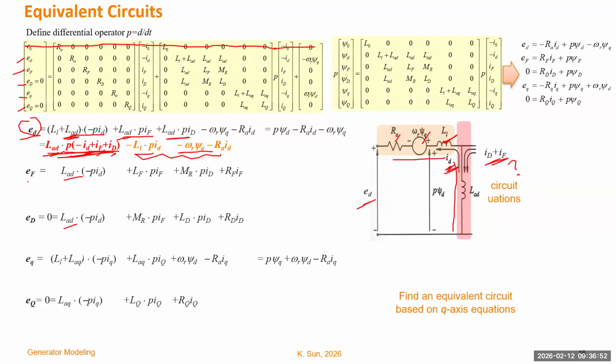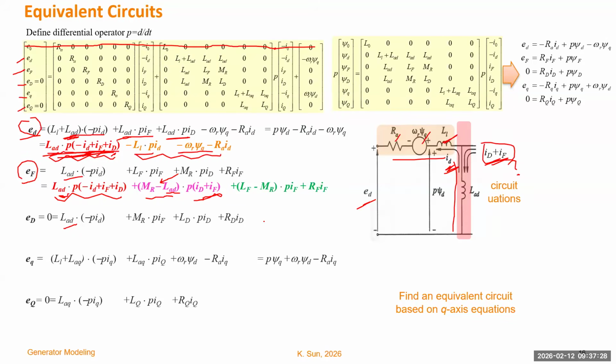So then we need to utilize the second equation, the EF. For the EF, since we already generated this branch, we're going to reuse this branch. So we put that branch here, and we also need to explain where this ID plus IF comes from. So we need to generate that current and also find any element which can contribute this current. For example, this element, and this item is basically just a balance, a subtract-and-add item for the first item. And then the remaining items will be colored in green.